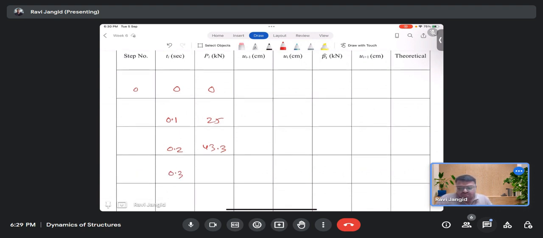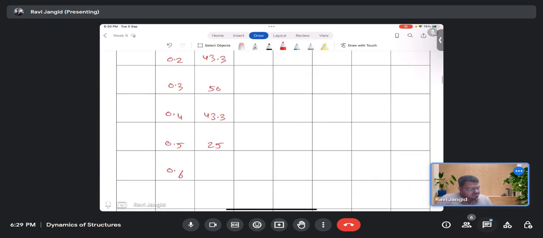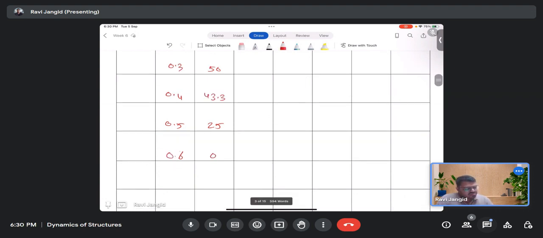At 0.2, it is 43.3. At 0.3, it is 50. At 0.4, it is 43.3. At 0.5, it is 25. At 0.6, it is 0.